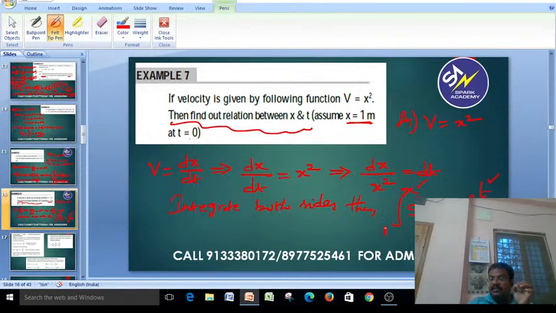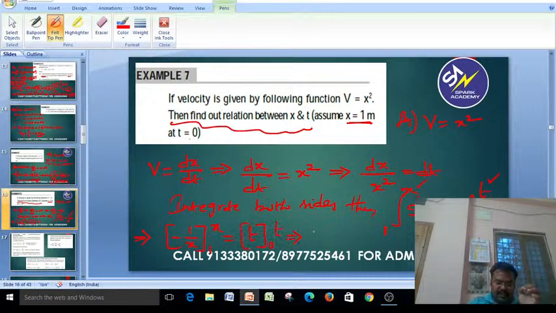See, the limits are from 1 to x, and 0 to t. So you have to substitute that. Integration of 1 by x square into dx is minus 1 by x, from 1 to x, which is equal to the integration of dt, that is t, from 0 to t.